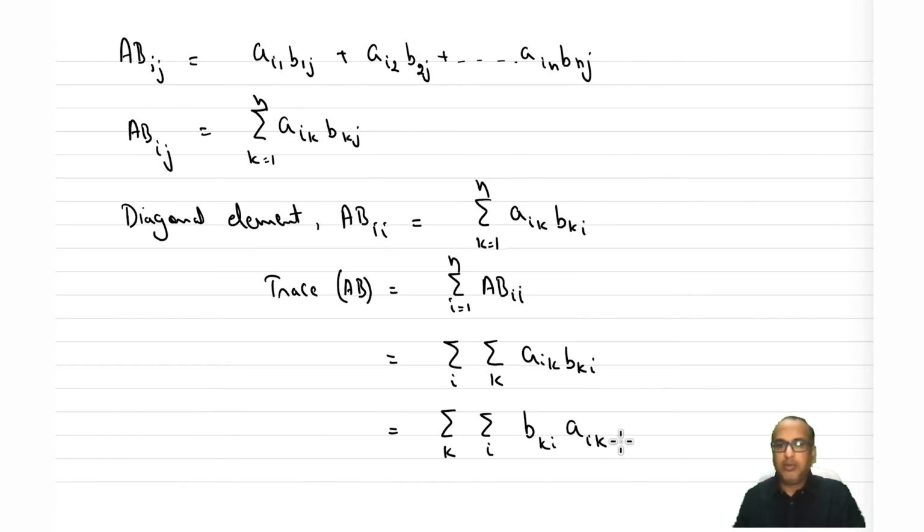Because the summation of I is also from 1 to N and K is also from 1 to N, I can easily write this as trace of BA, right? So irrespective of whether A and B are commuting or not, we have shown that trace of AB is equal to trace of BA. Okay, that's a very important result.